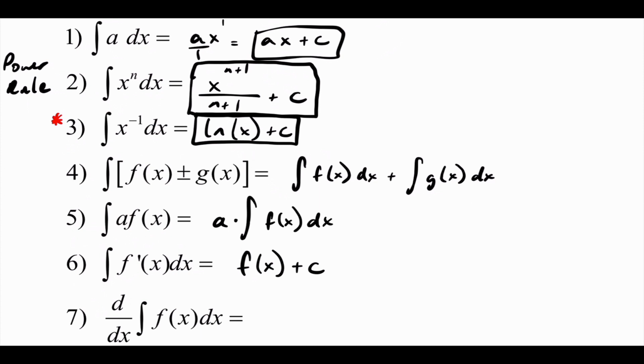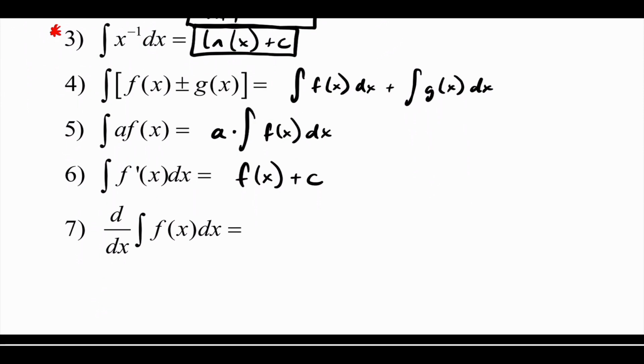That sounds kind of common sense, but actually it's a pretty big part of what we're going to do in a few weeks, they're going to ask you to do that part. Same thing with number 7. Number 7 is the same question as number 6. They just use different symbols. Instead of f prime, they use d over dx. D over dx says find the derivative of the antiderivative. That's just the original.